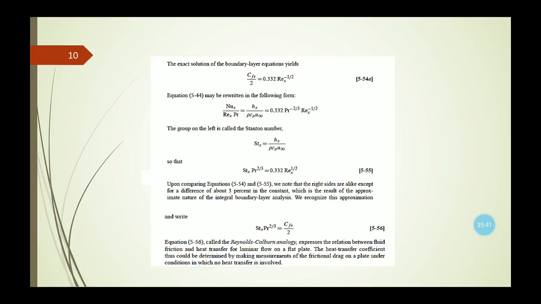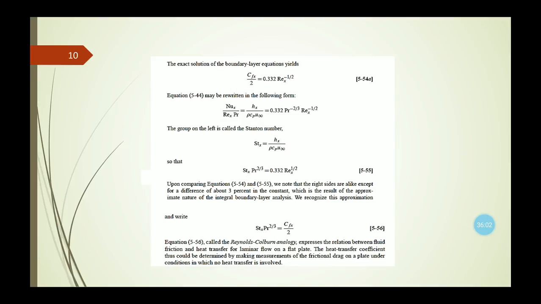Now this equation 5.56, Stanton number into Prandtl number to the power 2/3 equals Cfx by 2, is known as the Reynolds-Colburn analogy, and it expresses the relation between the fluid friction and heat transfer for laminar flow over a flat plate.